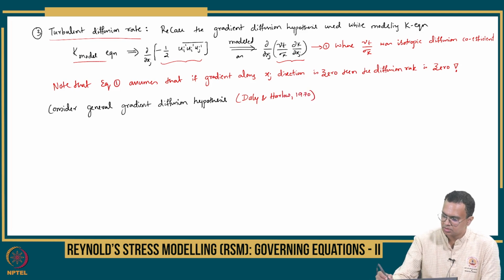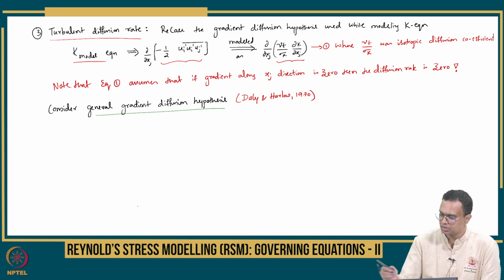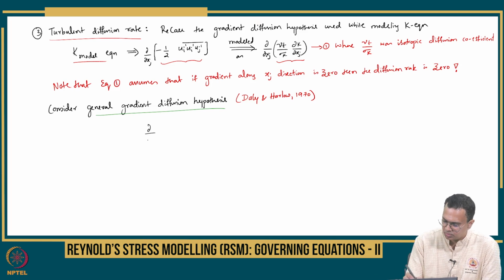According to this general gradient diffusion hypothesis, we will make use of an anisotropic diffusion coefficient instead of this eddy viscosity, nu t. So what we do is we model this ∂/∂xj of minus half ui prime uj prime.